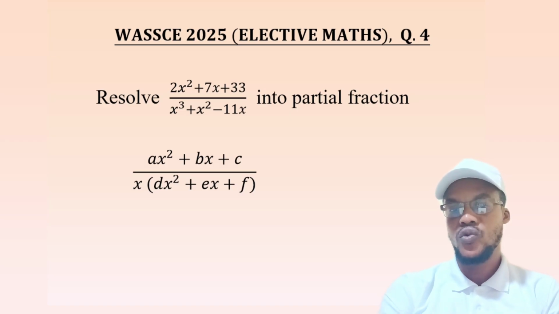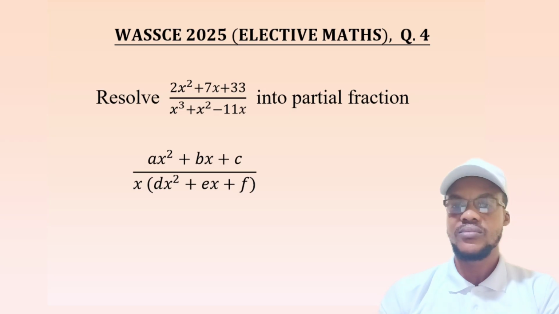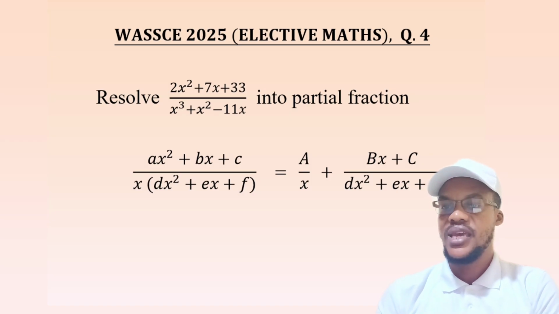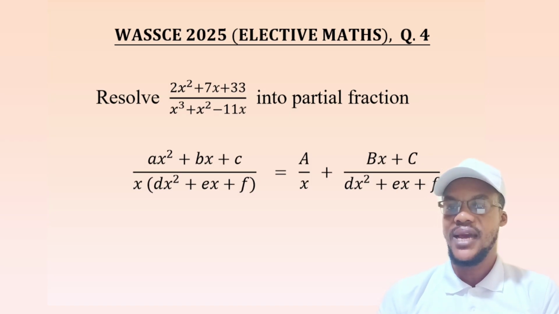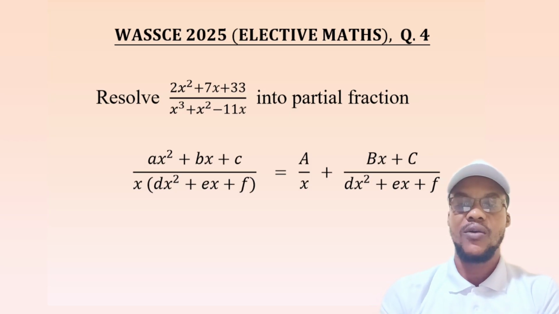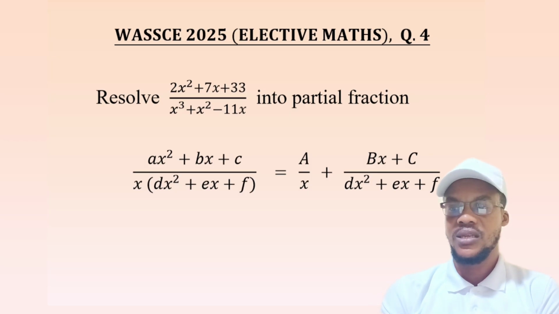Once you are able to do that, then you can resolve it as A on x. So the x takes the linear part, and then we have the quadratic part, which is also resolved by Bx plus C, all divided by the quadratic part. Based on this, we are going to look at how we can solve this question.